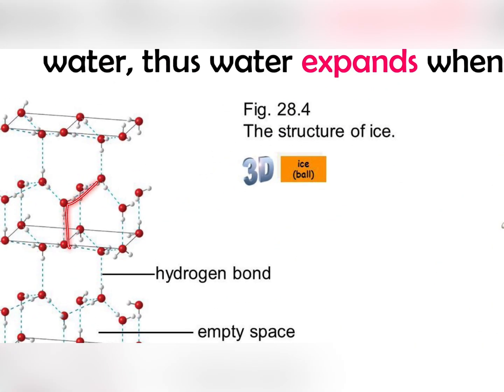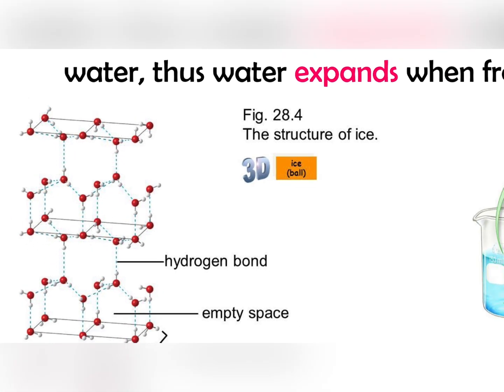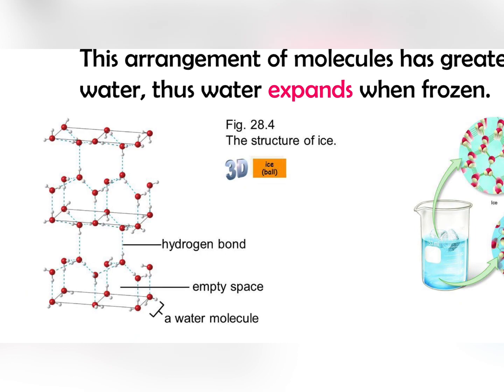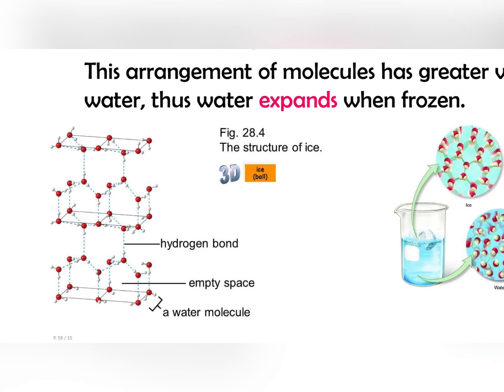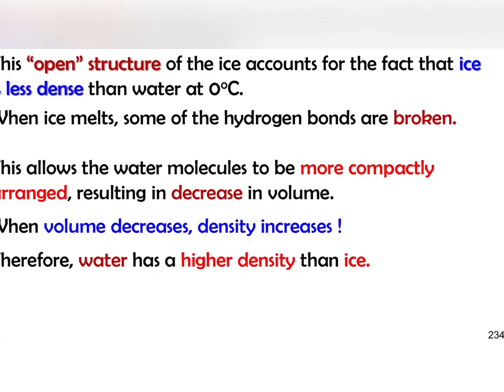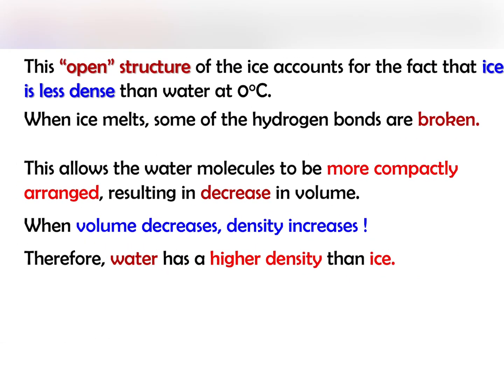Okay, so let's say kalau kamu bagi energy in form of heat, so kamu akan break this hydrogen bond. So sebab itulah bila ice tu dah cair, okay, dia tak akan lagi floats on water. Okay, maksudnya dia punya open structure tu dah musnah. You already break the hydrogen bond.